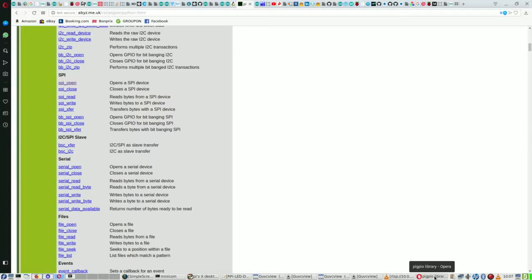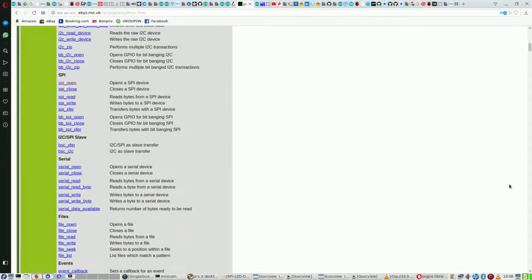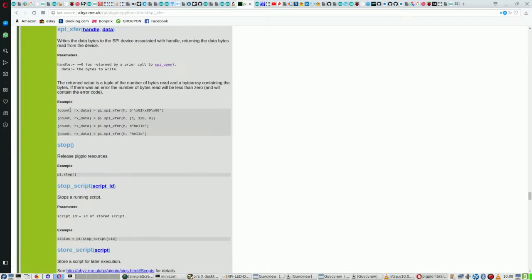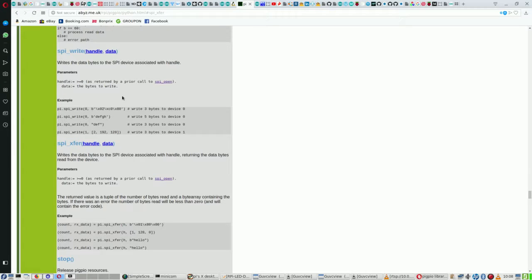And it says simply open. Usually you have to use this. So let me do that. Then spi_write. You have to write something. So let's go here again. SPI. Oh yeah. spi_xfer. Handle, data. And this is write. So the big question is which one to use.